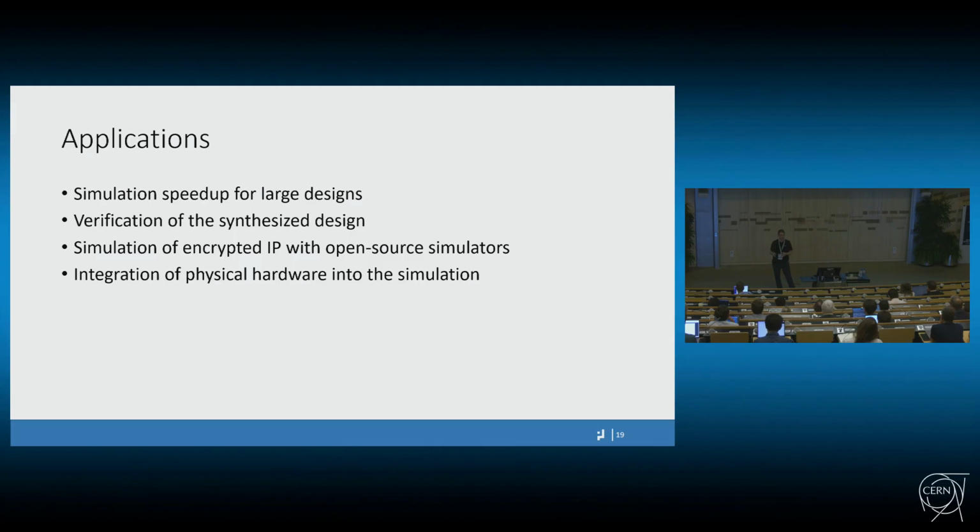So you can check the results of the synthesis tool and not just trust it. And because you can synthesize encrypted IPs, you now can also simulate encrypted IPs and integrate physical hardware into the simulation.